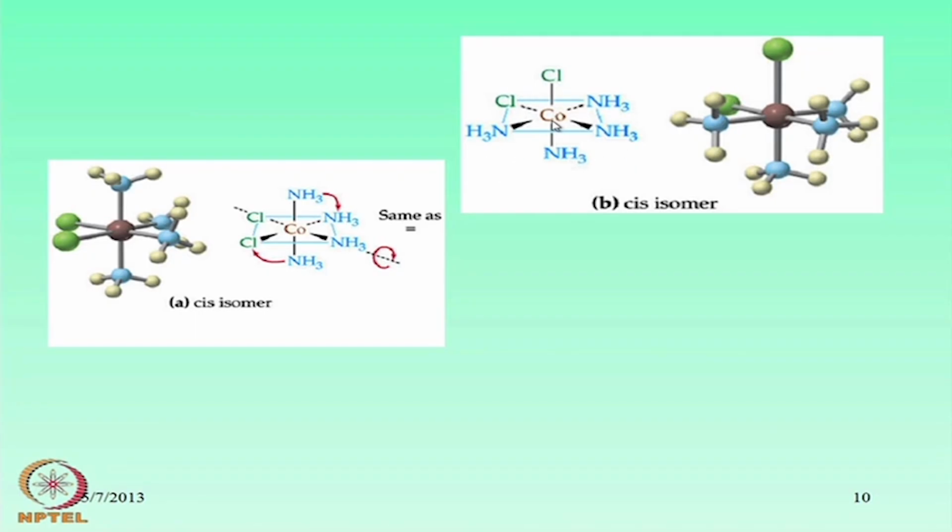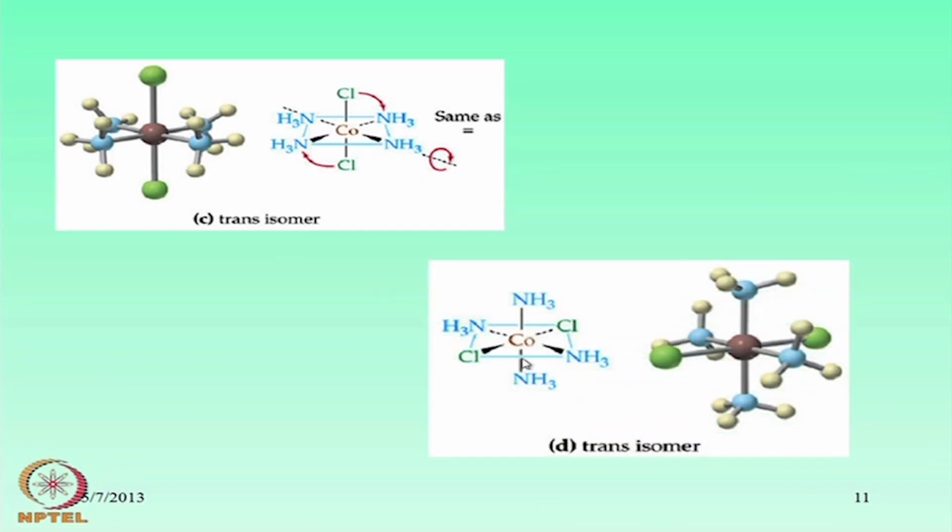So, by different orientation only, we have rotated the molecule from one particular state to the other. By rotation only we have generated another form, but the isomeric form of this compound is also the same, which is still the corresponding cis isomer. But in the case of the trans isomer, where the Cl-Co-Cl angle is 180 degrees, again we rotate it through this N-Co-N axis and we get the other compound.